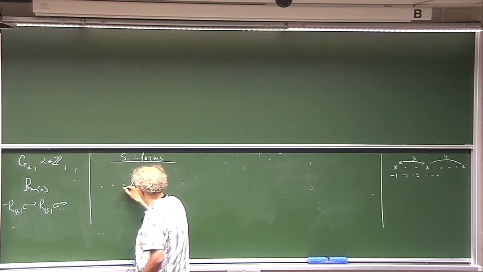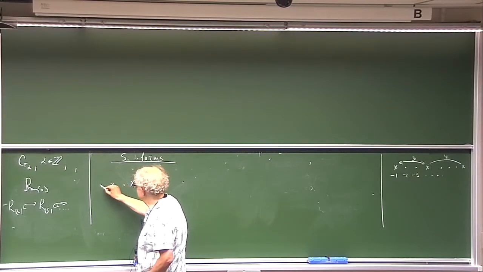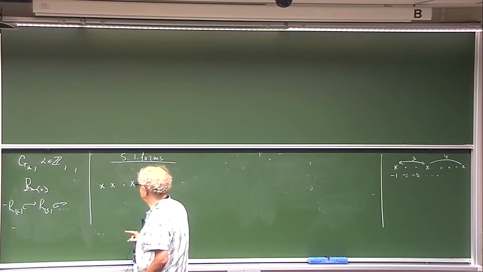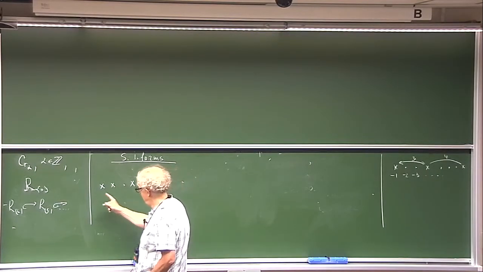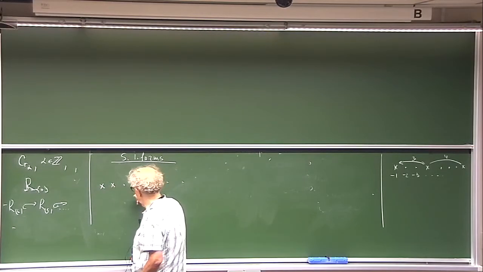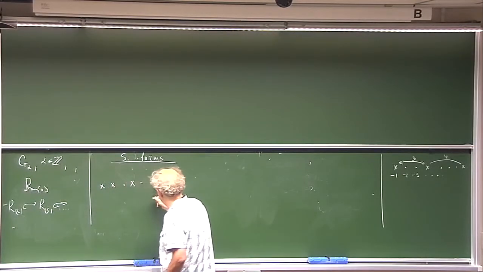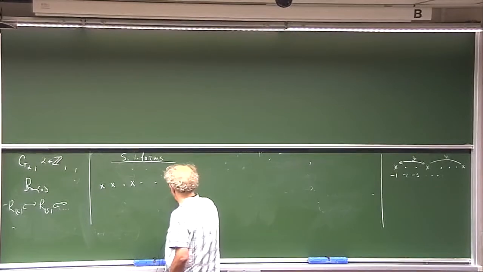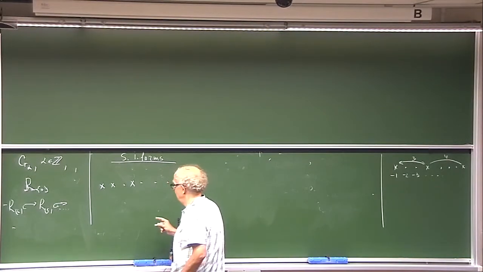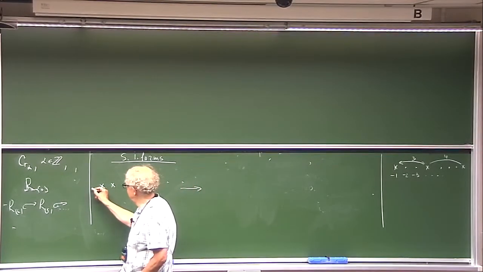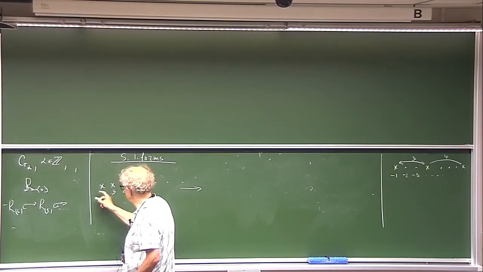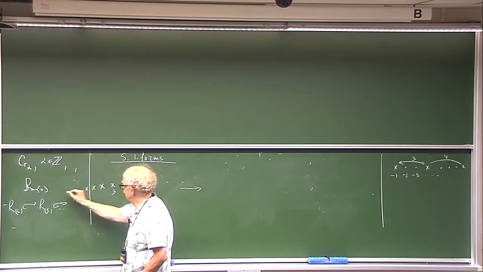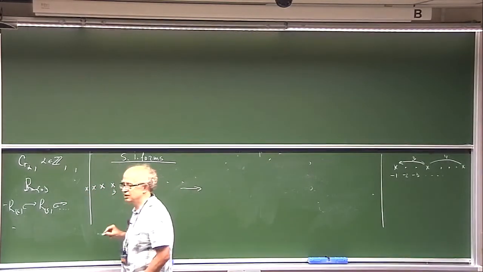I put crosses here, actually an infinite amount of crosses, such that they are finite in this direction. And in the other direction, after some moment, for example from 3, it is going like this.